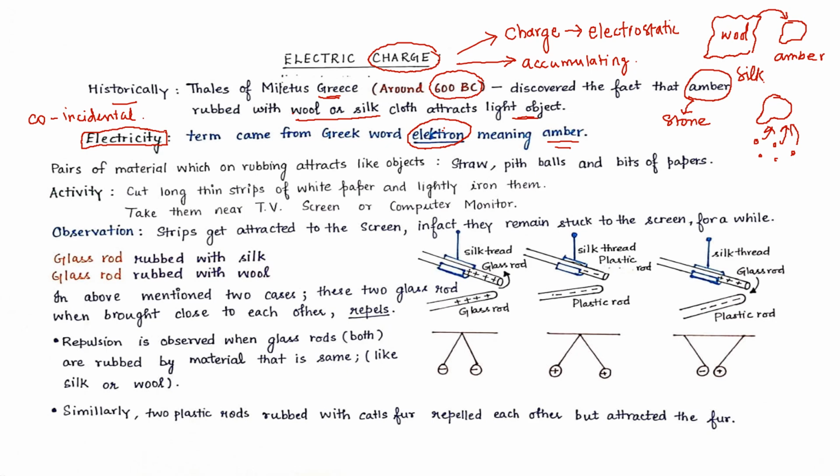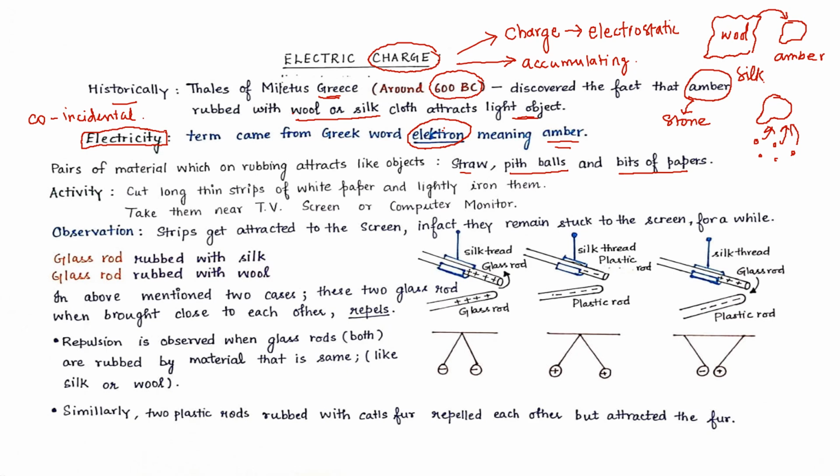It is a very small charge, just sufficient to attract light objects. So see over here, pairs of materials which on rubbing attract objects like straw, pith balls and bits of paper, because these are extremely small, lightweight and can be attracted using very small accumulated charges.